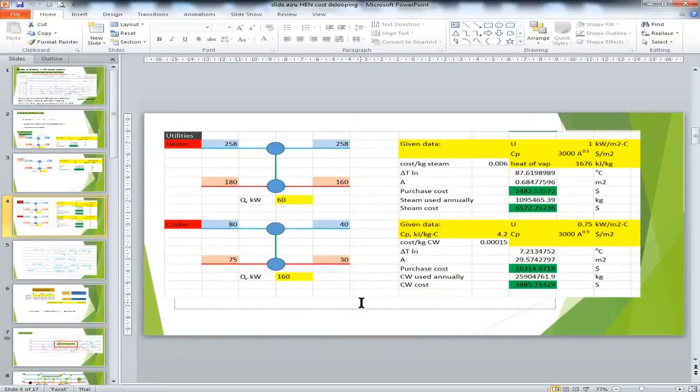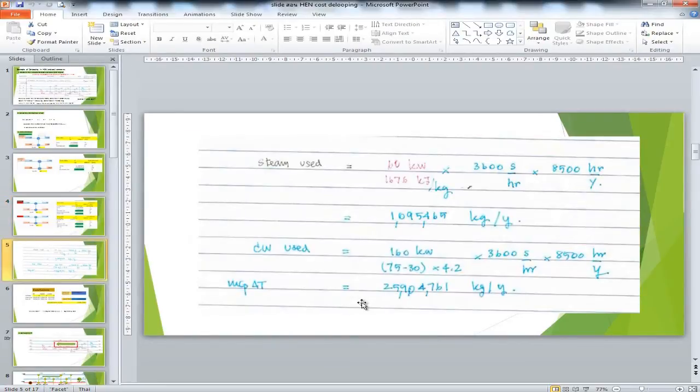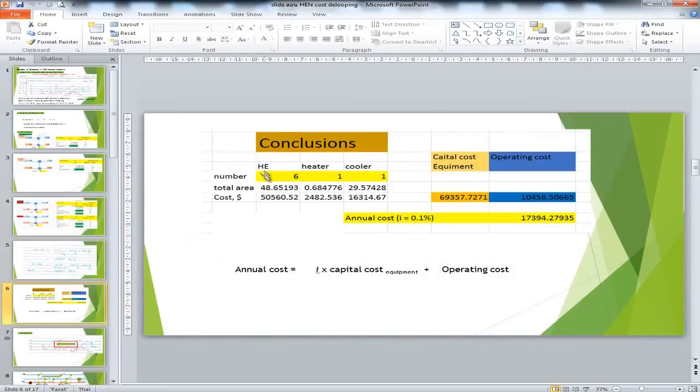Okay, and now I can make the conclusion that for the 6 heat exchangers we have, the total area is this, and then the cost is equal to 3000 multiplied by the square root of the area. The same thing for the heater.